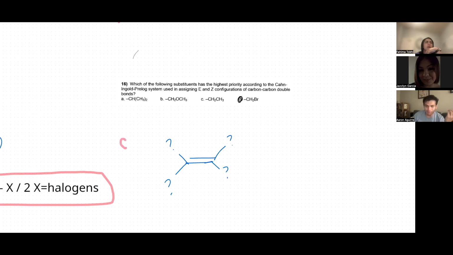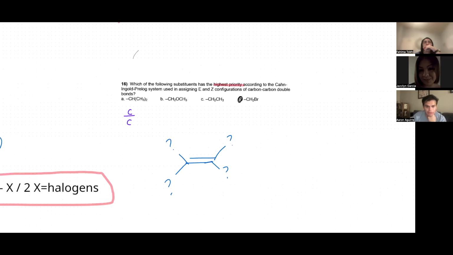So this is just more ranking, like when you're doing your S or R chiral centers. This first carbon has a carbon and a hydrogen attached to it. Oh, it has two carbons.